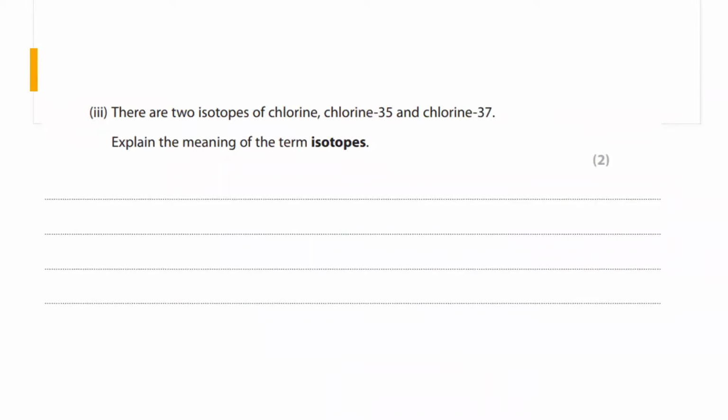There are two isotopes of chlorine, chlorine 35 and chlorine 37. Explain the meaning of the term isotopes.